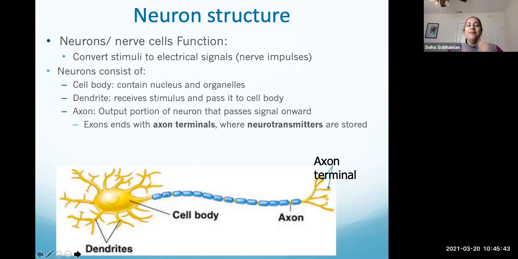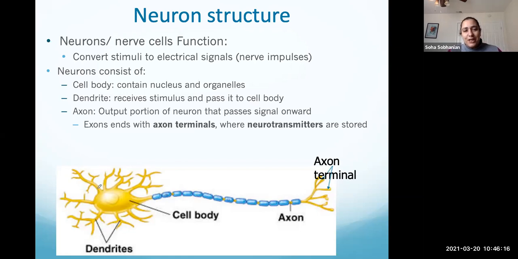Okay, so when we're talking about the nervous system, again, this shouldn't be something new to you guys. The most common cell inside our nervous system is the neuron. And this should not be new because you looked at the tissue samples in the histology lab. Neurons have three main parts. You have these little extensions called dendrites that receive the original electrical impulses.